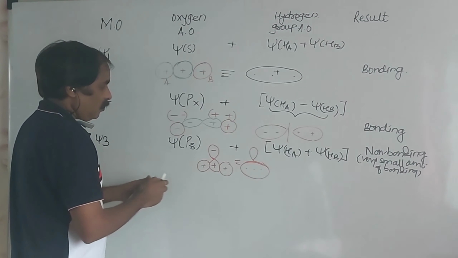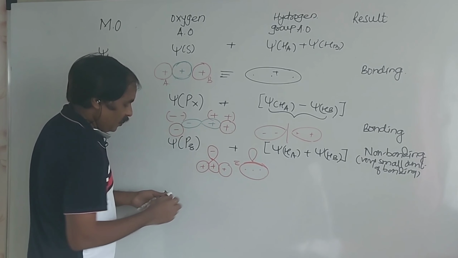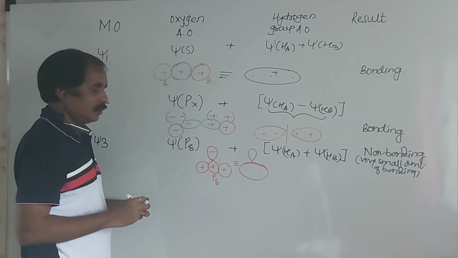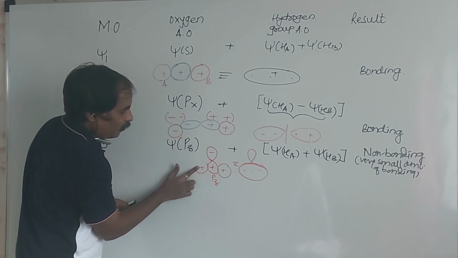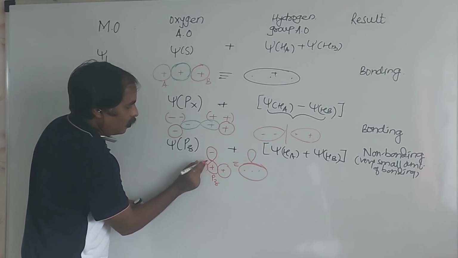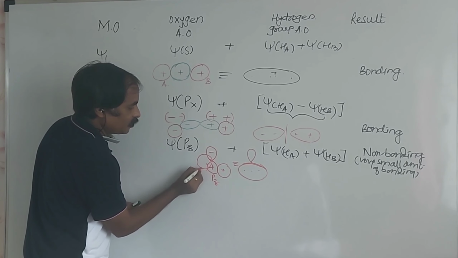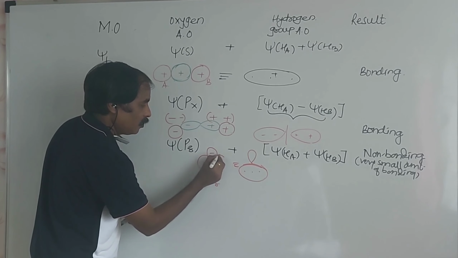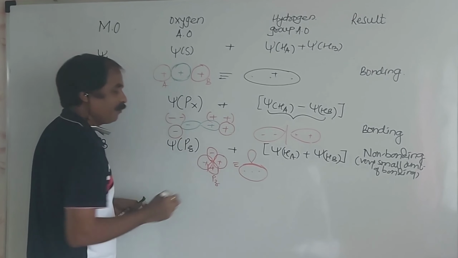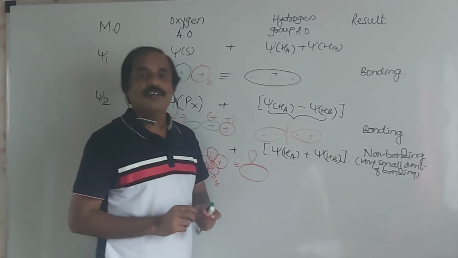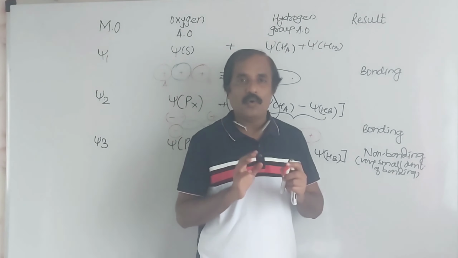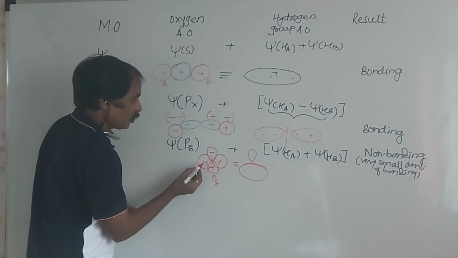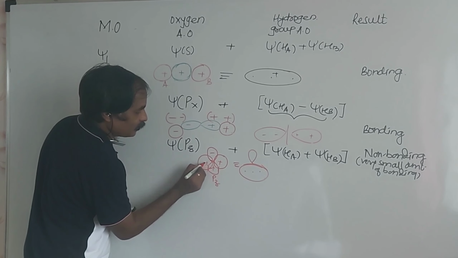See here, I have taken Pz of oxygen. And this S atomic orbital, instead of like this, I can show like this. Here it is positive. This is the positive function of hydrogen. Similarly, the second hydrogen is like this. Here it is positive. We know that when a positive addition is neutralized by positive-negative, that is said to be non-bonding. See here, positive, there is addition.